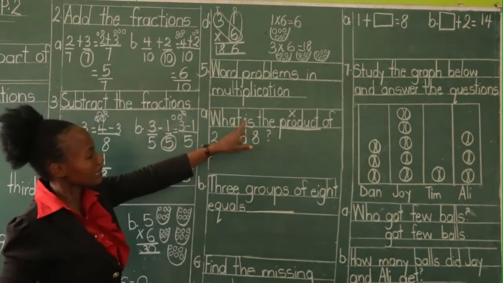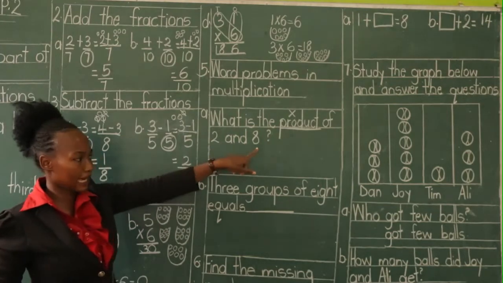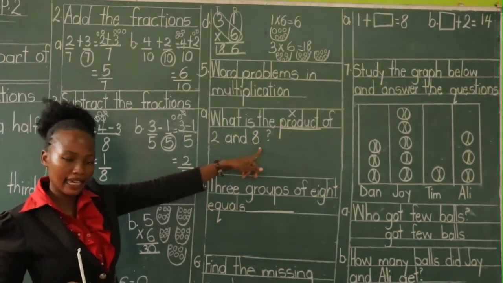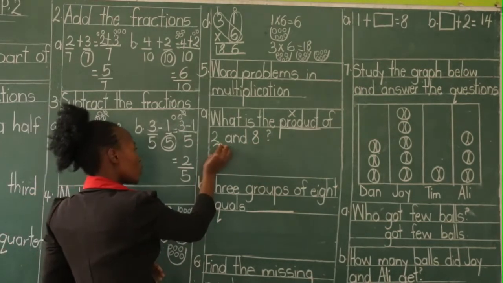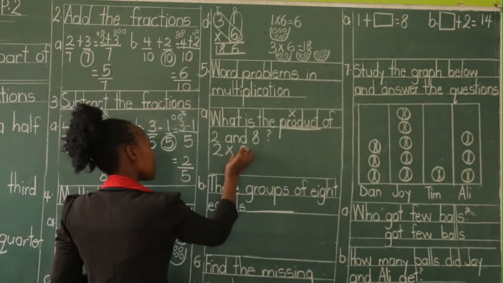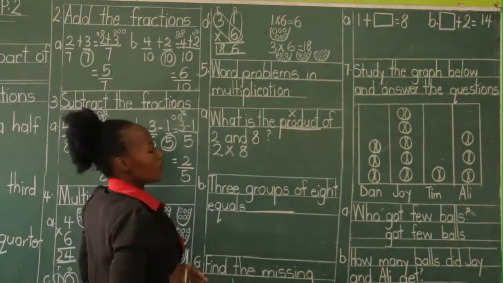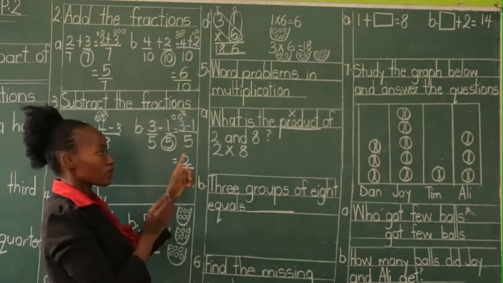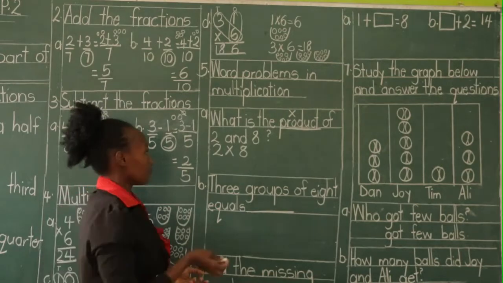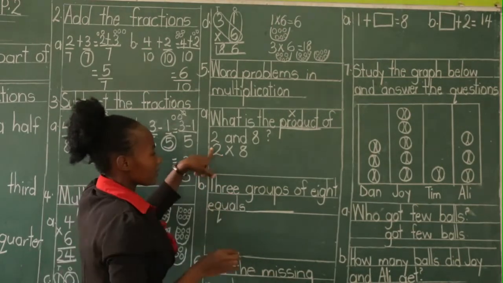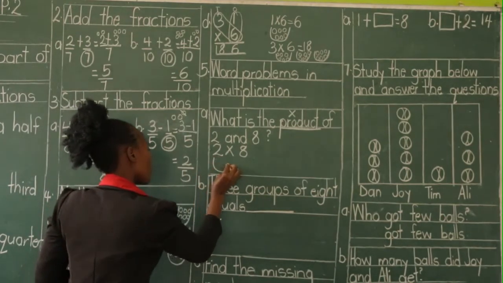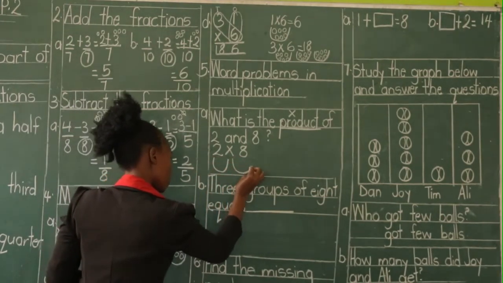They've given us, what is the product of 2 and 8? It means that we are going to multiply 2 and 8. Then I get my 2 with this symbol here: 2 times 8. Remember, we said the first number is for the groups and the next number is for the items. My first number is 2, so I'm going to form my 2 groups: 1, 2.